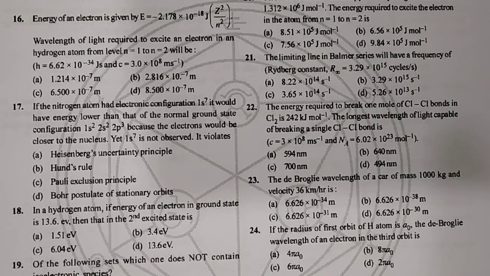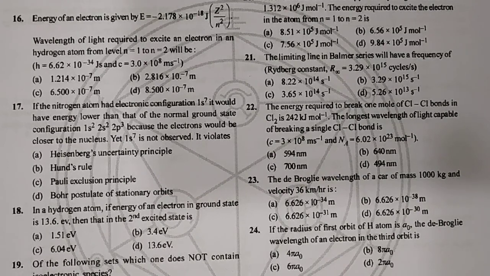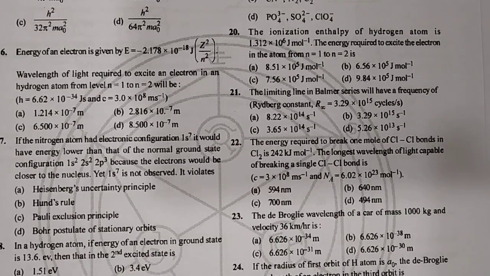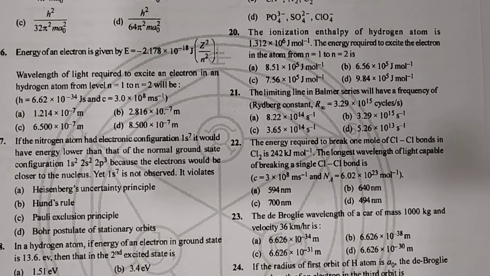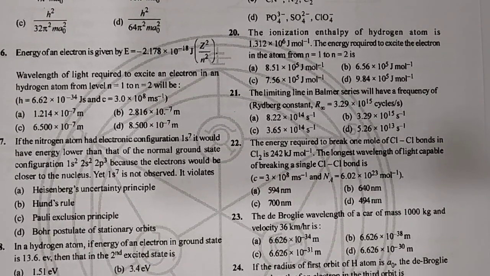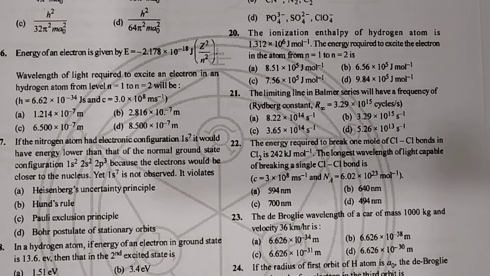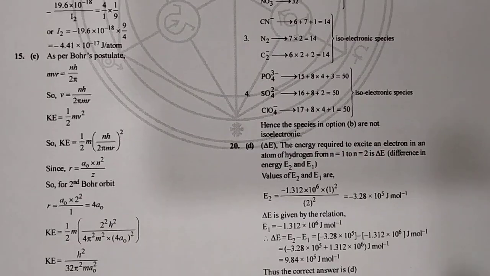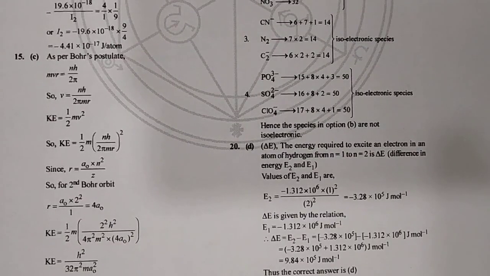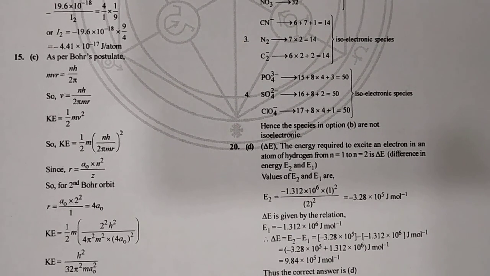So let's start with the 20th. Statement of the 20th. The ionization enthalpy of hydrogen atom is 1.312 into 10 to the power 6. The energy required to excite electron in the atom from n equal to 1 to n equal to 2 is, so E2 is equal to minus 1.312 into 10 to the power 6, 1 square divided by 2 square.